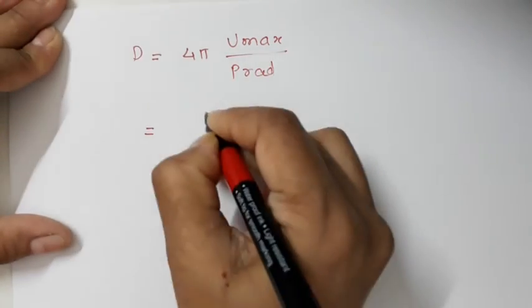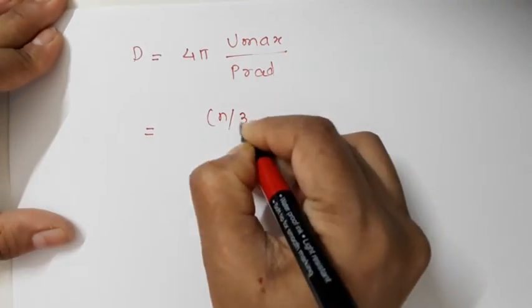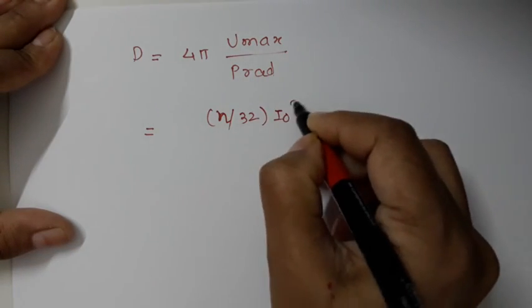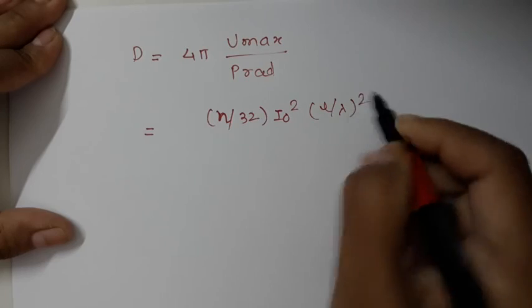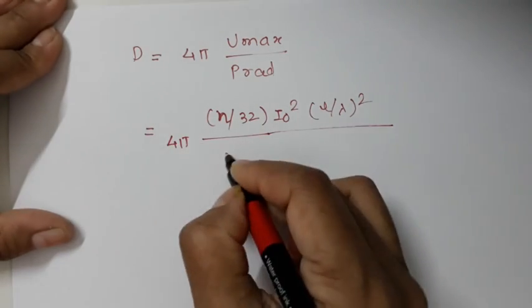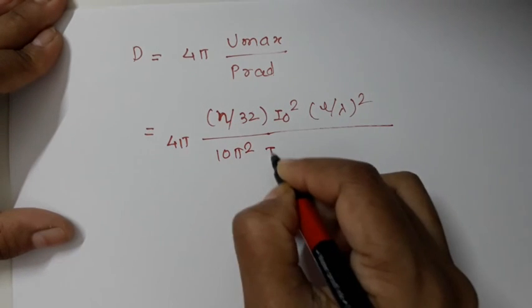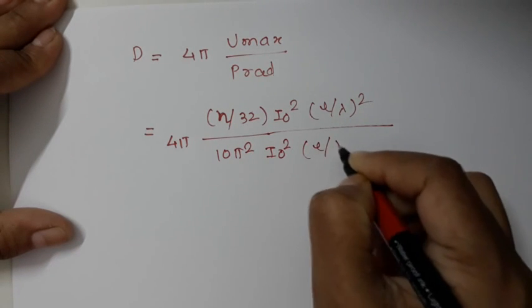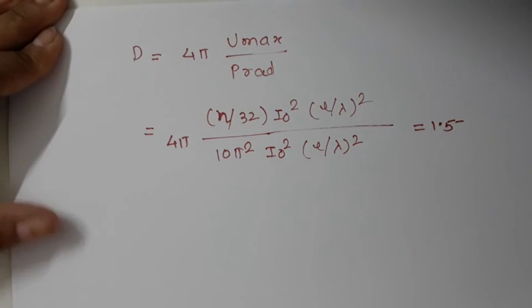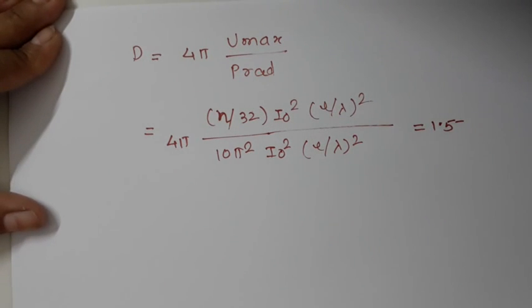This comes η by 32 I0 squared (L by λ) squared divided by 4π, 10π squared I0 squared (L by λ) squared, which comes to 1.5. So here the directivity is nothing but 1.5.